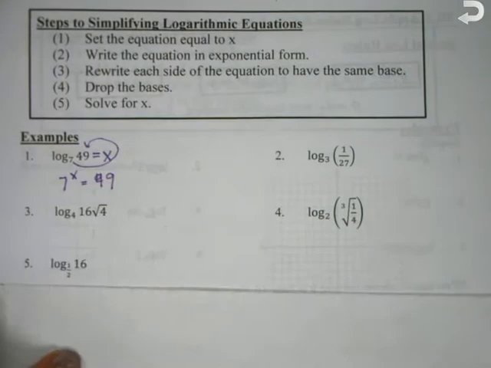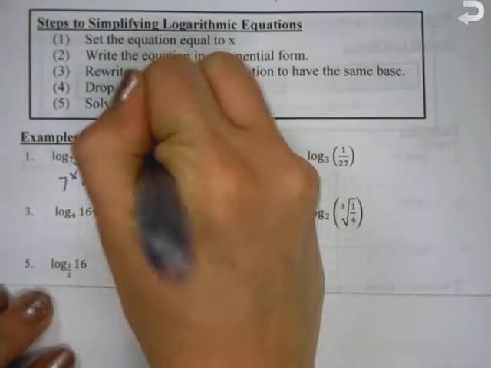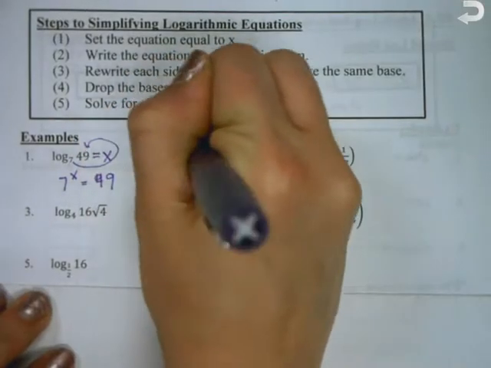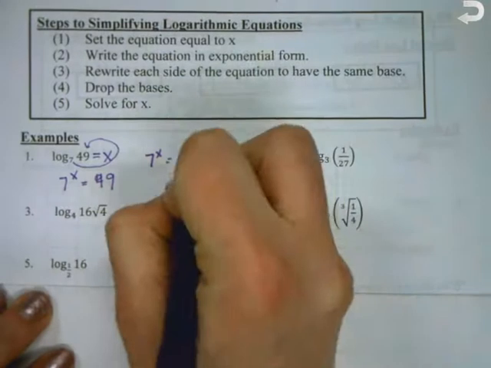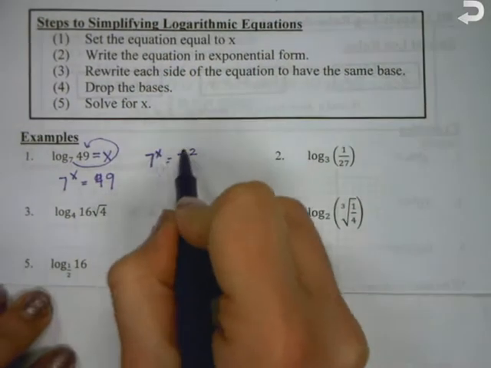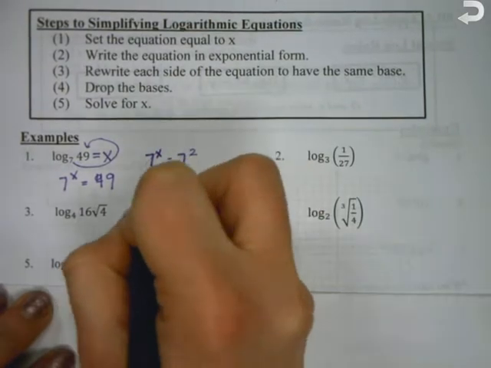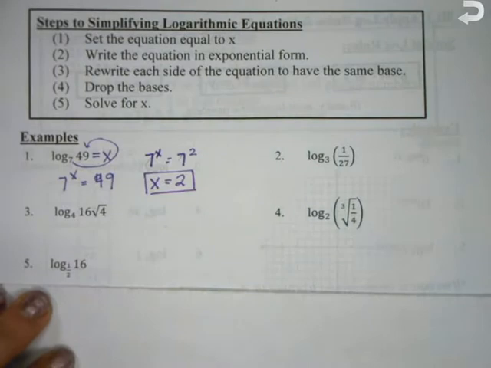So what's my base going to be here? 7 to the x equals 7 to the second power. Now I have the same base, so I can drop those bases. So I get x equals 2. Not too bad, right?